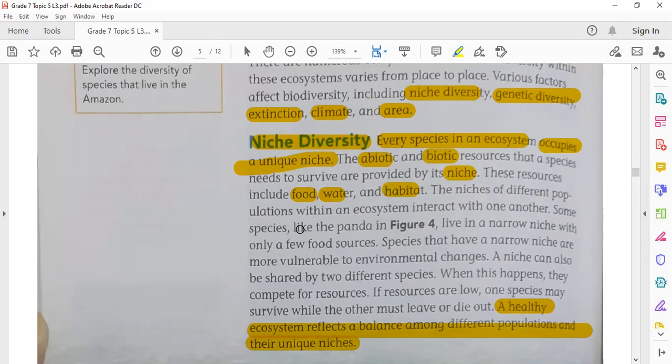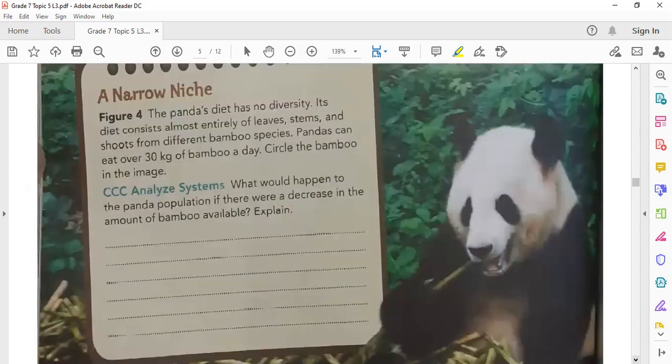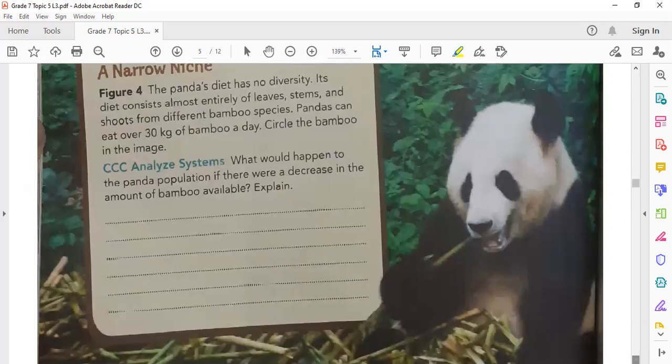Some species, like the panda, if you remember, live in a narrow niche. That means that this type of organism depends on only a few foods in its life. The panda that you see here has a narrow niche. This type of organism eats a specific food.